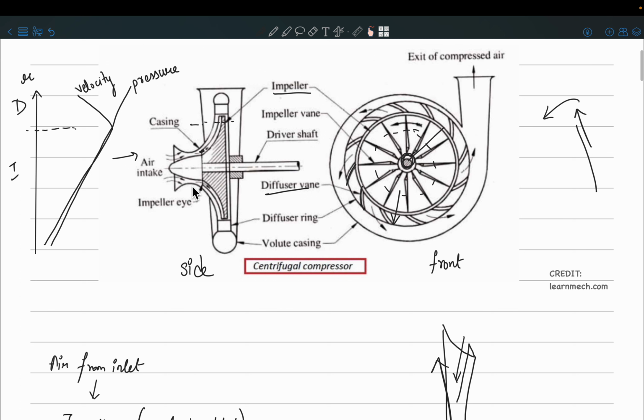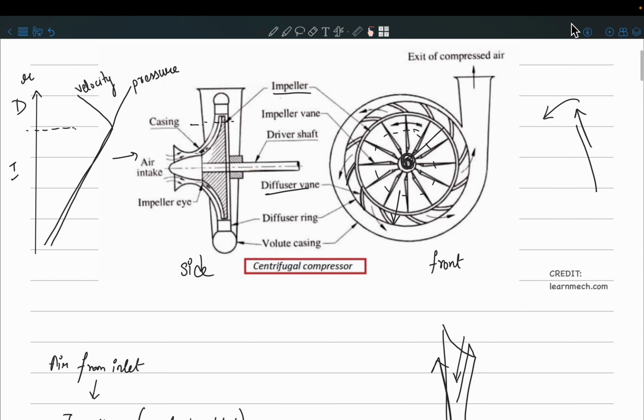So the inducer is like a guidance to the air. Ideally, what do I want? I want all the air to come in a concentrated manner to the central location, so that I can just push it out, and that is the most ideal situation.